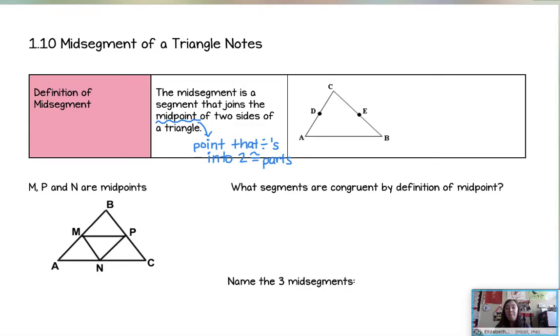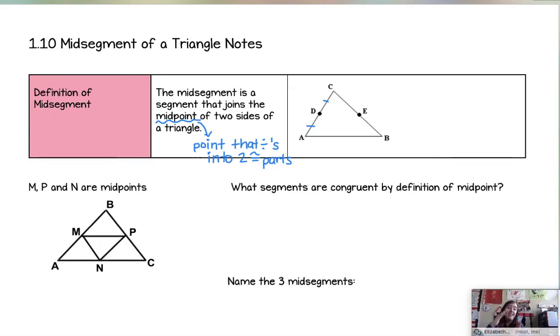So, a midpoint is a point right in the center between two other points. It cuts a segment into two congruent parts. So D is right in the center between A and C, right? So that means that CD is congruent to DA. Those two little parts are the same. Now, E is the midpoint of CB.